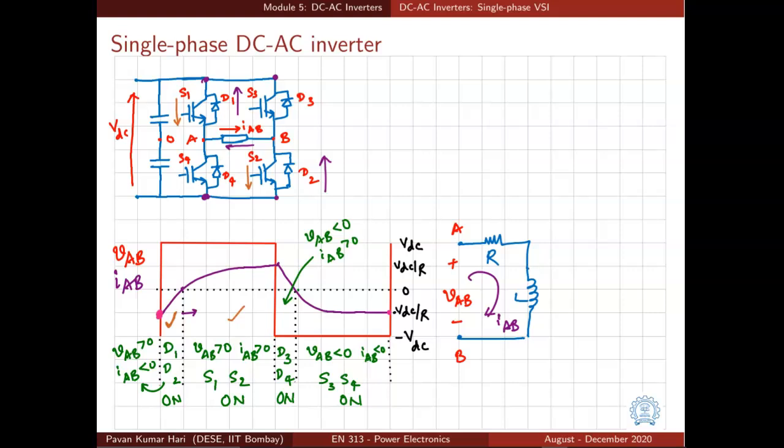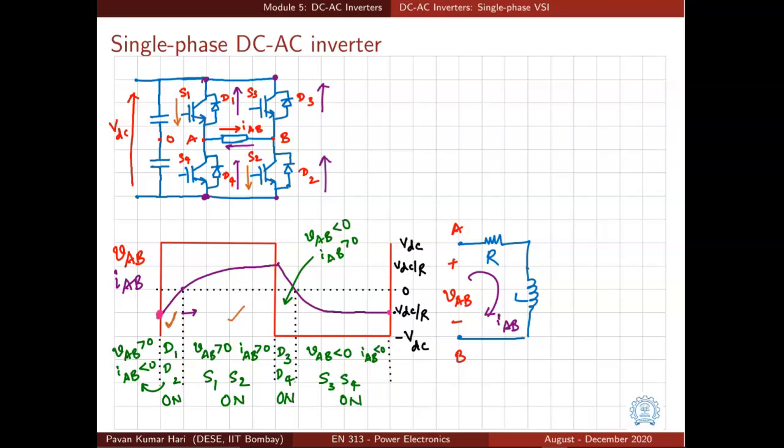But the current IAB is still positive. So D3 and D4 are the devices which conduct in this interval, because current flows through D4, through the load, and D3 and back to the source. So that is how the positive current is maintained.